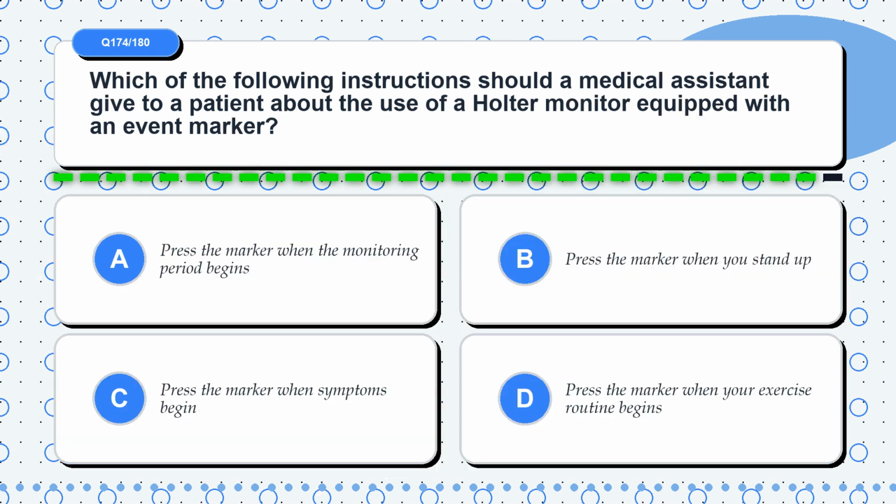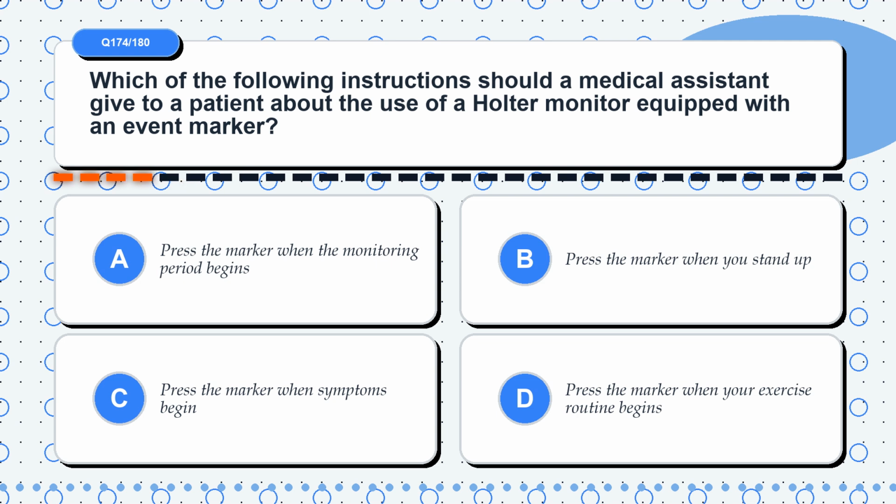Question 174. Which of the following instructions should a medical assistant give to a patient about the use of a Holter monitor equipped with an event marker? Here are the options. Option A, press the marker when the monitoring period begins. Option B, press the marker when you stand up. Option C, press the marker when symptoms begin.